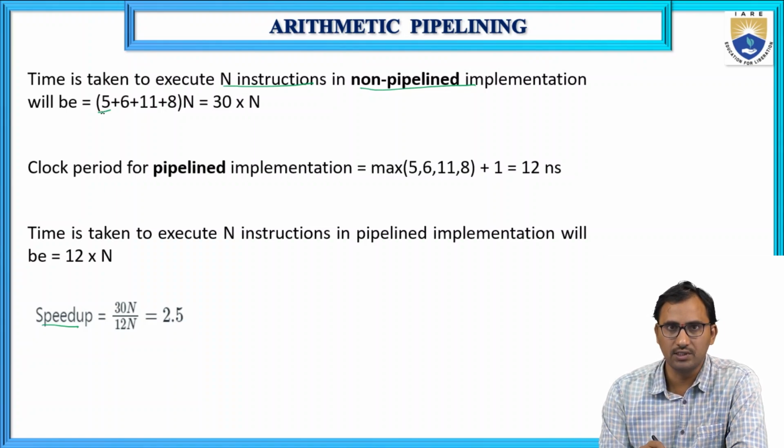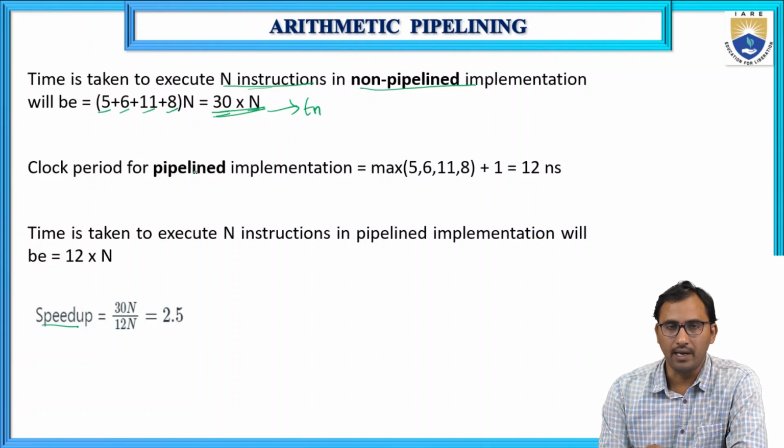So the delay for first stage is 5, for the second 6, third 11, fourth one 8. If you add them, we will get 30. So 30 into n, because of the number of instructions. So Tn is equal to 30n.